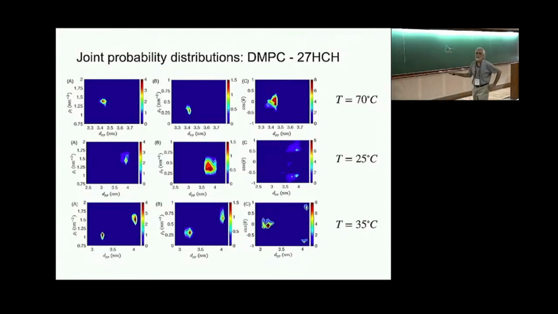Now, at in-between temperatures, we see a coexistence. So there are two preferred values of the bilayer thickness. Corresponding to that, there are values for the lipid concentration as well as the sterol concentration and different orientations of the molecule. So at high temperature, there's one orientation. At low temperature, it looks like there are two possible orientations. And then at the in-between temperatures, all the orientations occur.